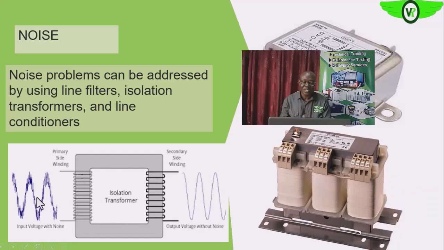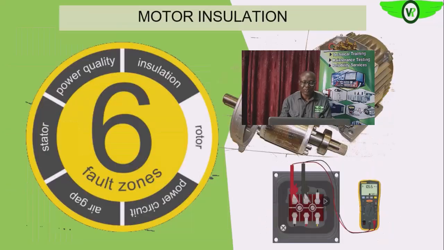You see that only the usable voltage waveform will be active, and that will induce voltage into the secondary of the transformer, and that is what will now be sent to our load. So what will be sent to our load will be very free from these harmonics. So that is one way that we can solve that problem.